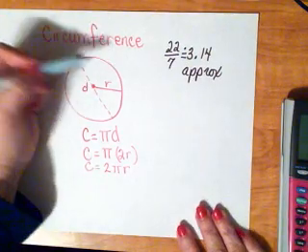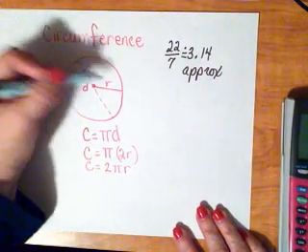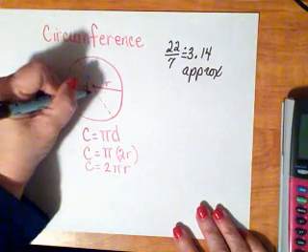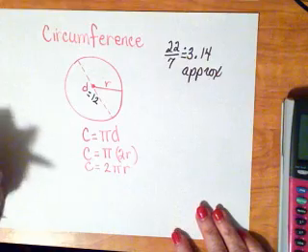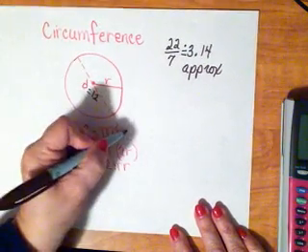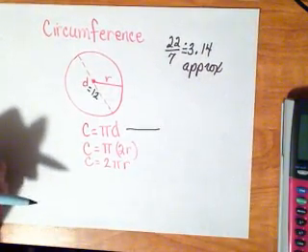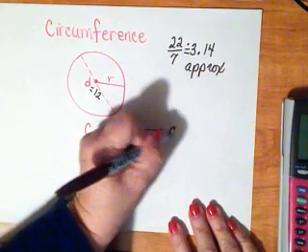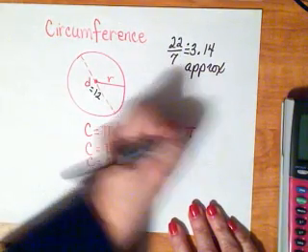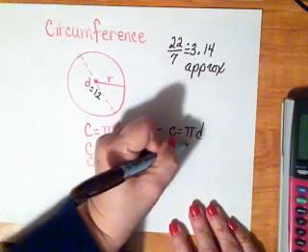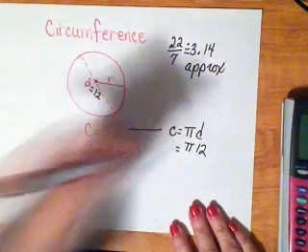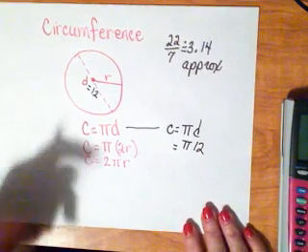Alright, so let's say that in this particular picture, I've got a diameter which is 12. So the diameter is 12, then I'll use the diameter formula, and the circumference equals pi times the diameter, and that means it's pi times 12. Now here's the problem.